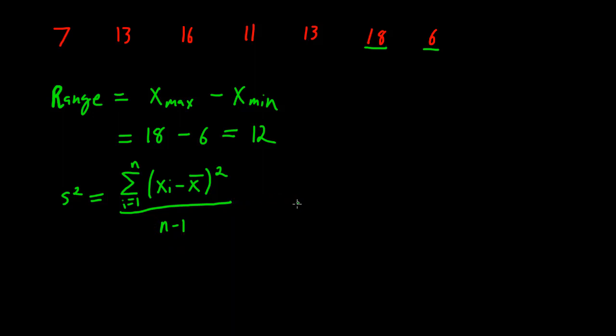Now the only change from our sample variance to our population variance is the symbol, and the denominator. Our symbol for the population variance is sigma squared, and the population variance is equal to the sum for i equals 1 up to n of x sub i, and now, instead of minus x bar, since we're dealing with a population, we subtract off mu, our population mean.